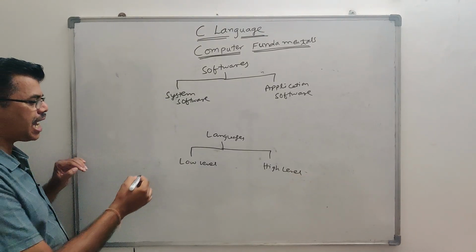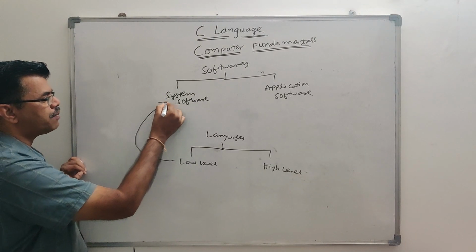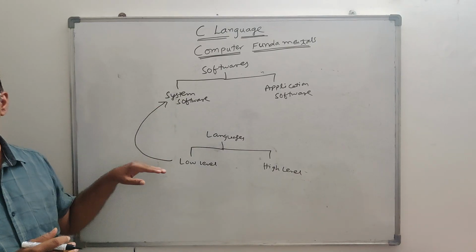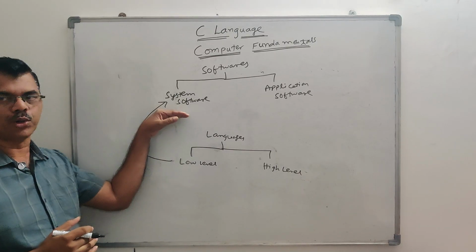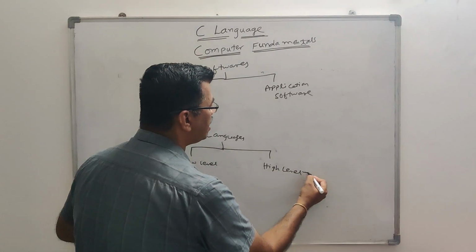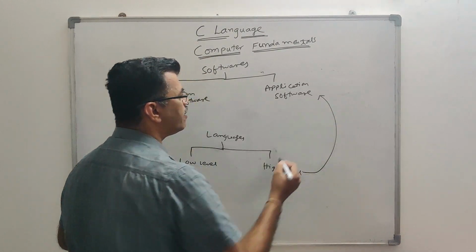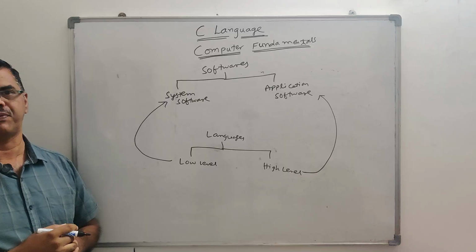These low level languages are used to develop system software. Low level languages are for what purpose? To develop system software, and high level languages are used to develop application software.